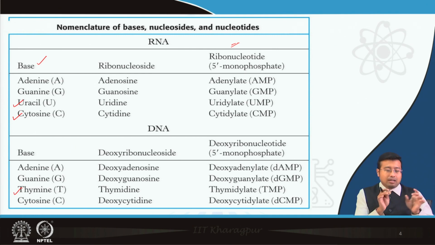Nucleotides mean ribose sugar, nitrogenous base and a phosphate group. So, all of them have a phosphate. It can be monophosphate, diphosphate, or triphosphate. For example, UMP, UDP, UTP, those are all nucleotides. And deoxy is the variety of sugar that belongs to DNA, and ribo in RNA, that you already know.